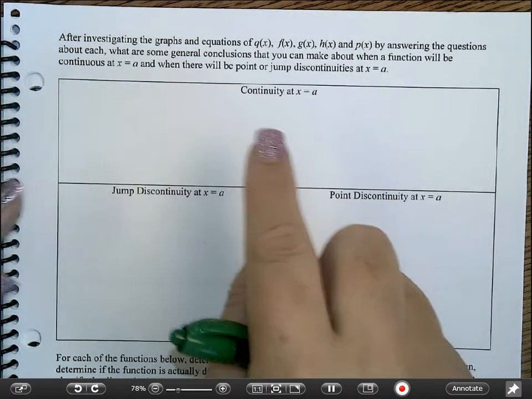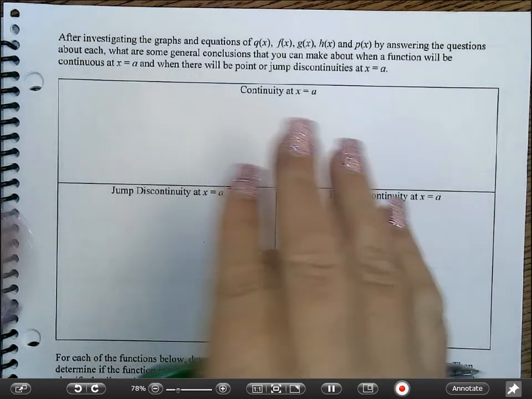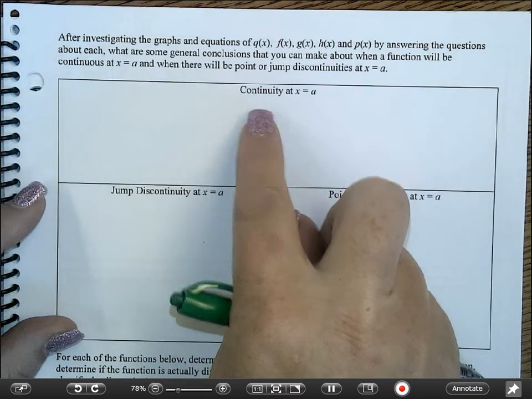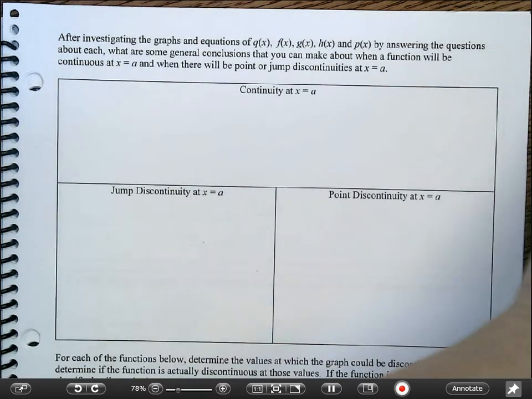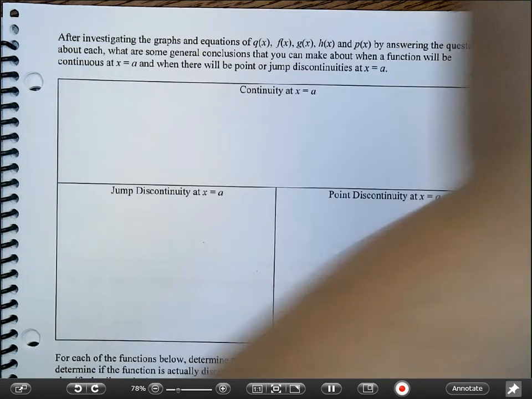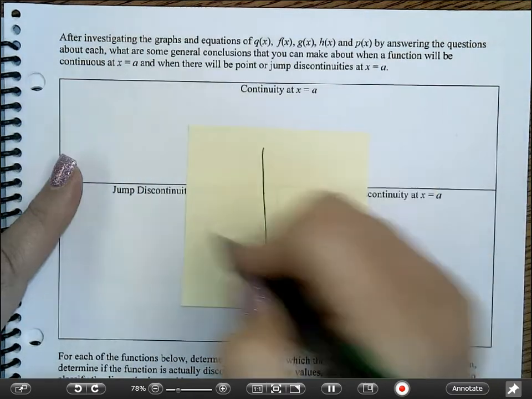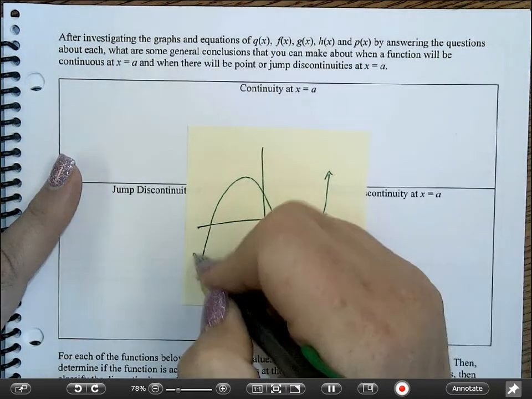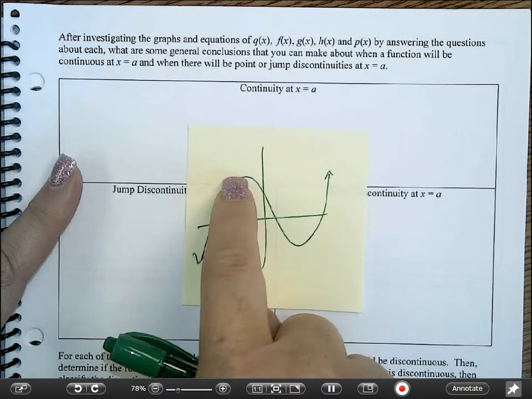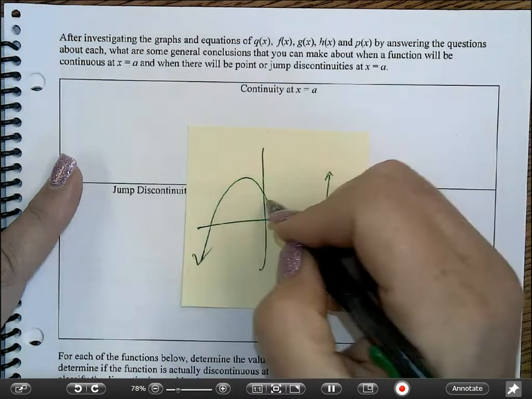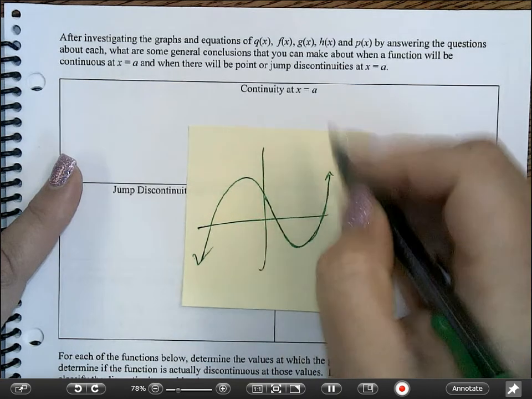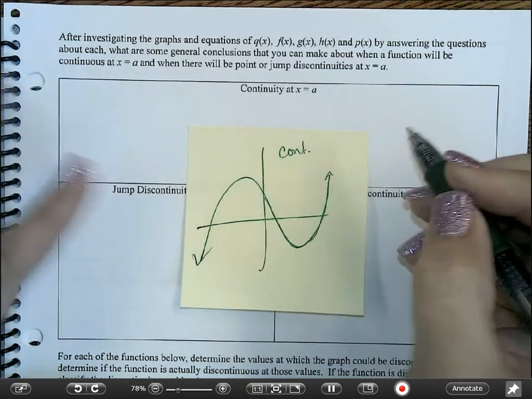So first, I want you to think about a very informal way of defining continuity. If you can trace a graph, so this is very informal, right? If I have something like this, and I can trace it without lifting up my finger or my pen, then it is continuous.